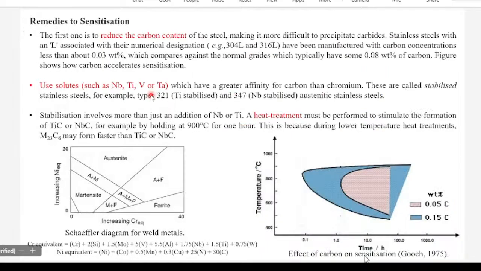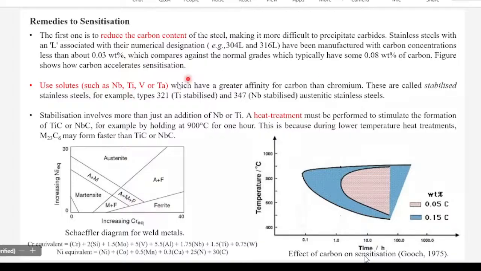How can we mitigate this problem? By using the L grades like 304L, 308L, 316L. And we can use a solute also: niobium, titanium, vanadium, tantalum. These have a higher affinity compared to chromium, so chromium carbide won't form. Suppose we are using niobium, then niobium carbide will form.